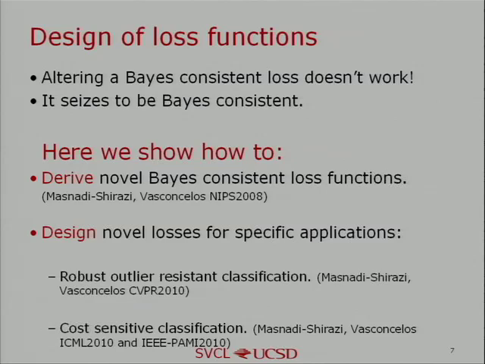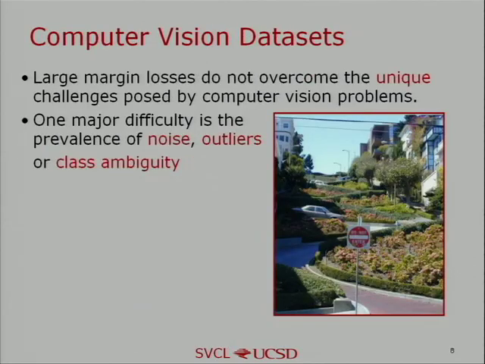So now that we know the importance of having Bayes consistent loss functions for classification, we can talk about some specific problems and applications. An interesting problem is the computer vision problem. Here, large margin loss functions generally don't overcome the unique challenges posed by computer vision problems.